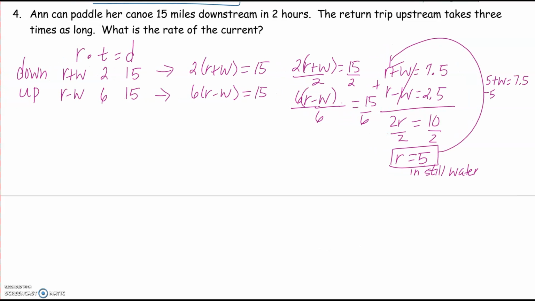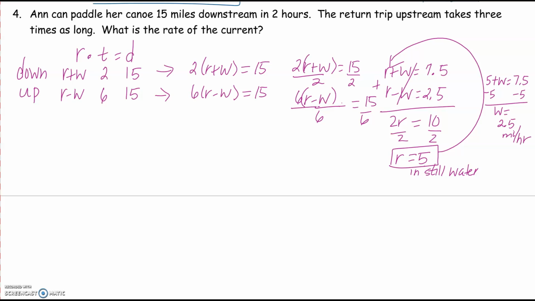We're going to subtract 5, and we're going to get W equals 2.5 miles per hour.